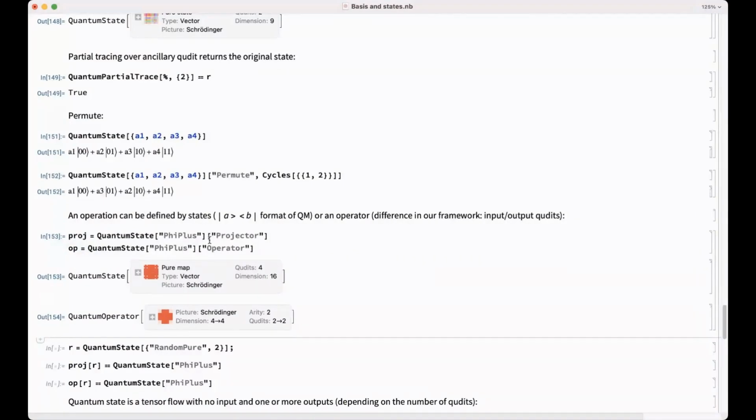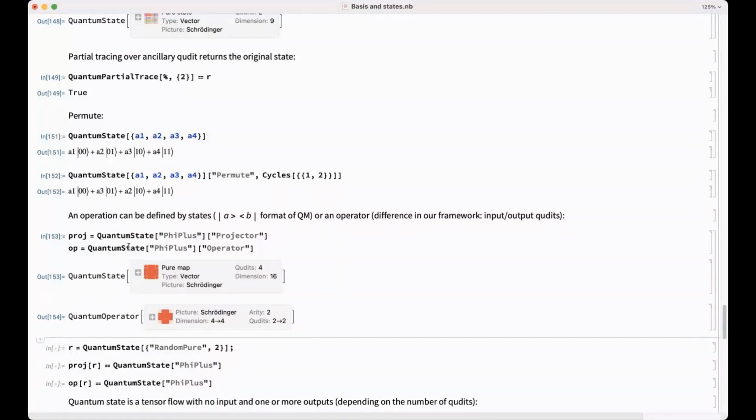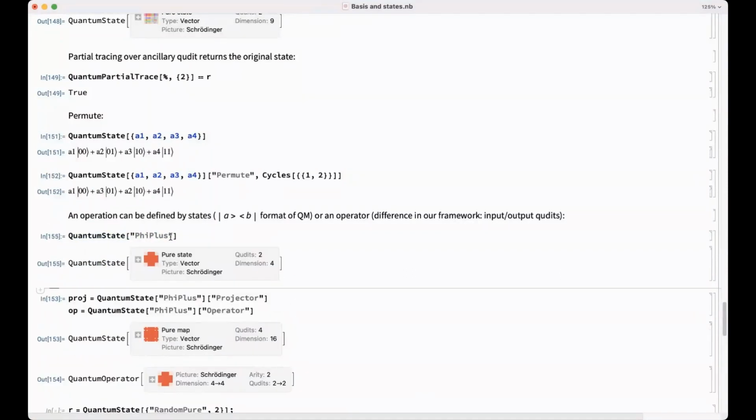A projector, an operator, is a very similar thing. It's an operator property I already showed you in relation to density matrix, right? If you had a density matrix state, its operator would look more similar to you in terms of a traditional form. But what it actually is underneath, whether you have a pure or mixed state, doesn't matter.